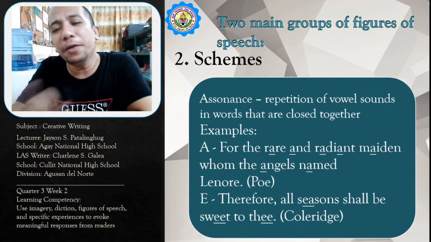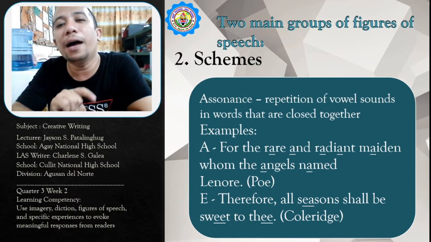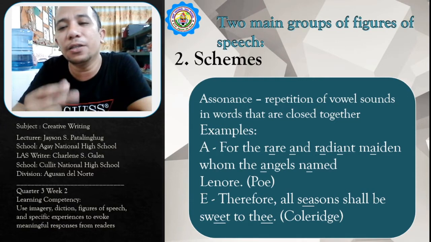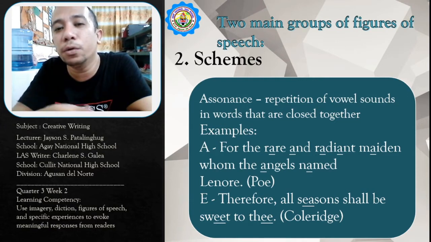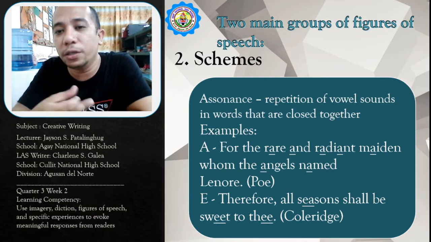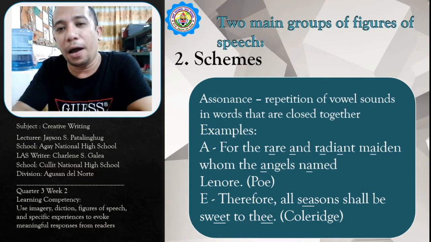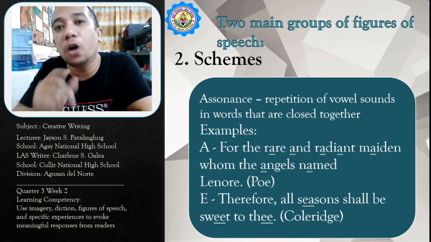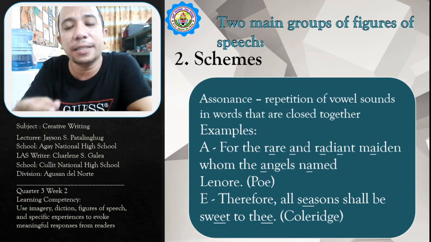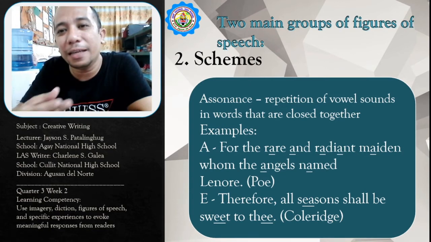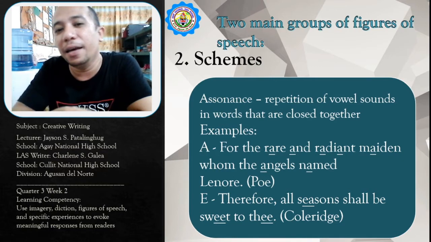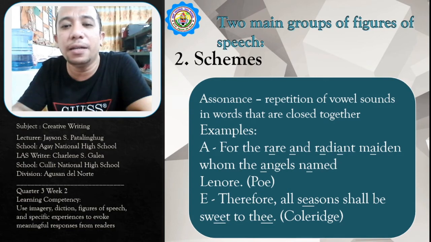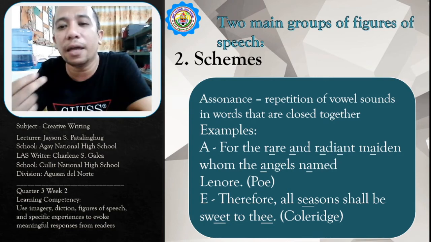After alliteration, there is also what we call assonance. Assonance is the repetition of vowel sounds in words that are close together. A while ago, alliteration is the repetition of a consonant sound. This time, it's a vowel sound that is being repeated. Example, for the rare and radiant maiden whom the angels named.